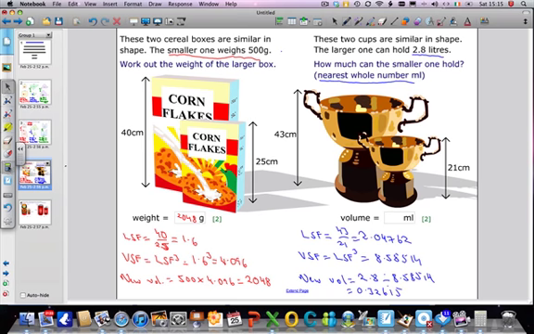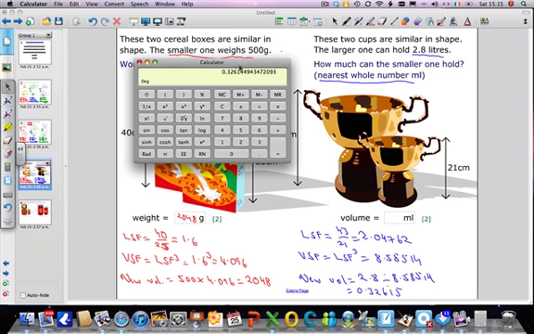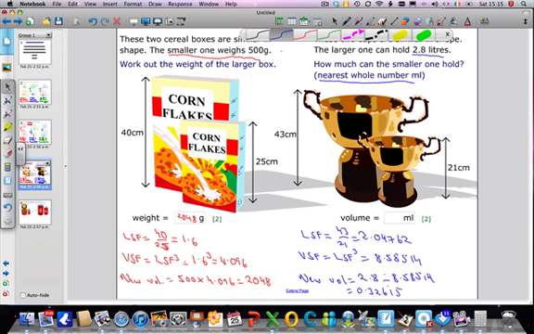I'll just double check that. 0.3261145. Now you have to remember that this was in litres, which means my answer is in litres.